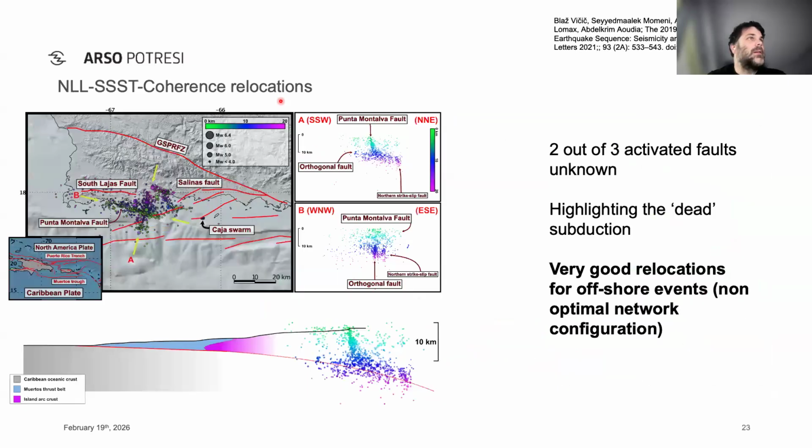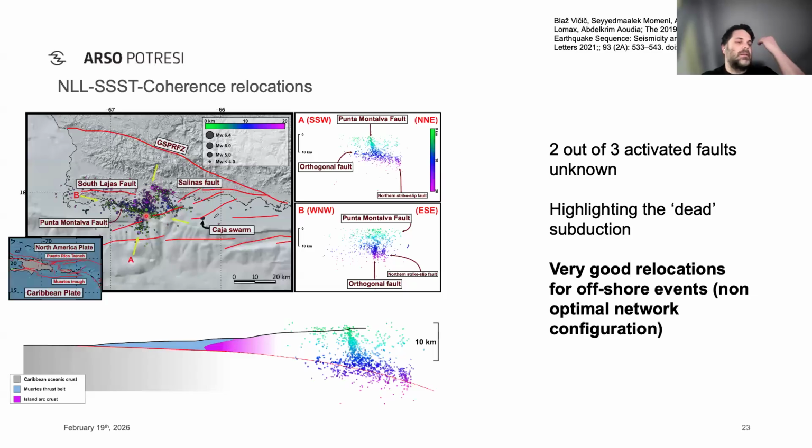So what we did, we used this non-lin-loc SSST coherence relocation methodology, and you can see this is now our final locations. And we were able to see that 2 out of 3 activated faults in this sequence were previously unmapped.